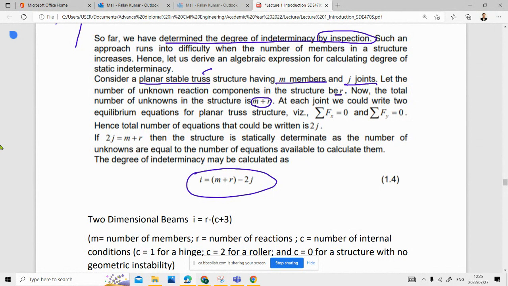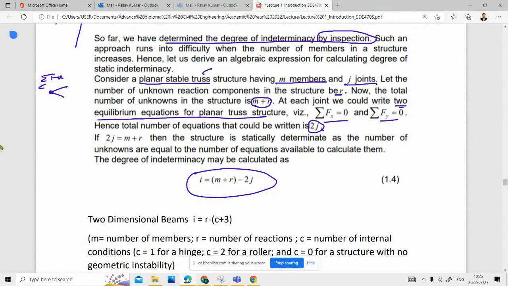Further, at each joint, we could write two equilibrium equations. It is a hinge, and definitely at a hinge I know that I can write summation of Fx and summation of Fy, two equations, right? That is why they multiply by 2.